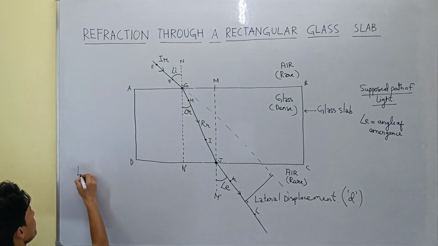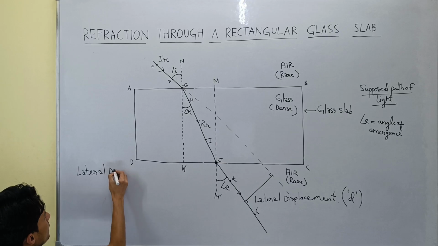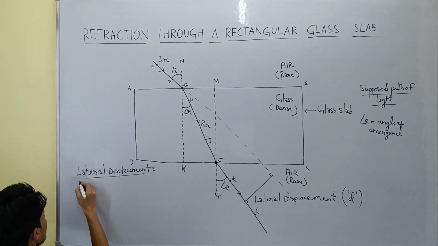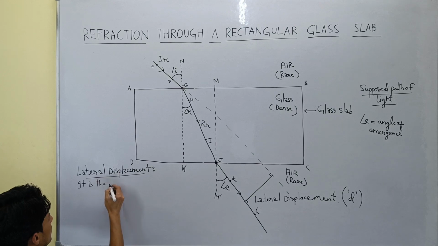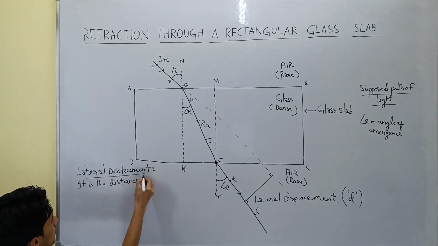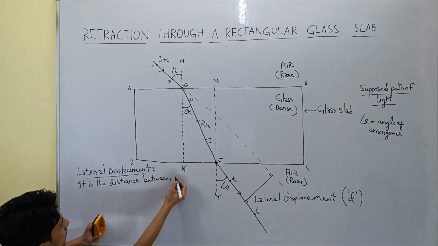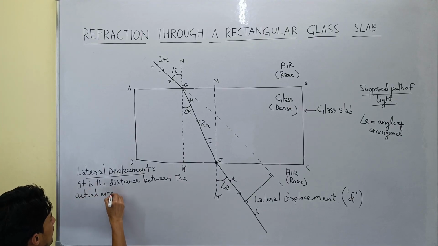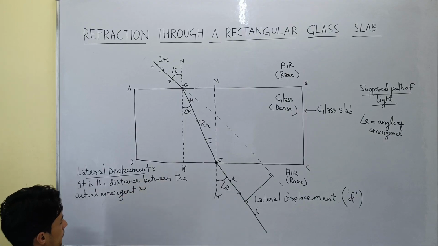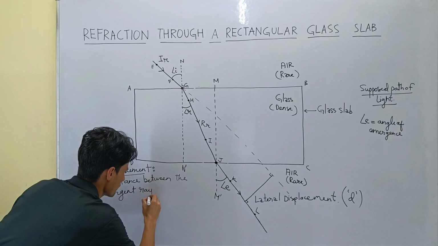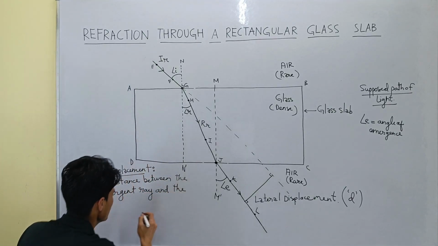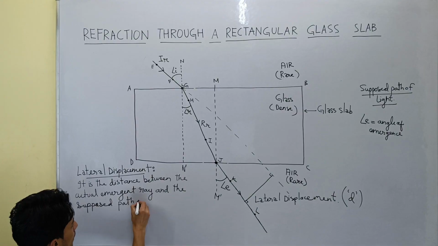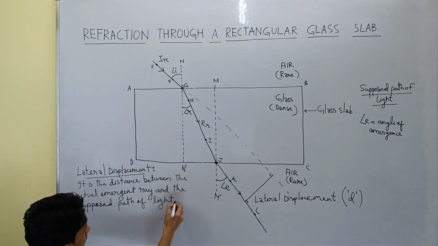Lateral displacement is the distance between the actual emergent ray and the supposed path of light. Simple. This is it.